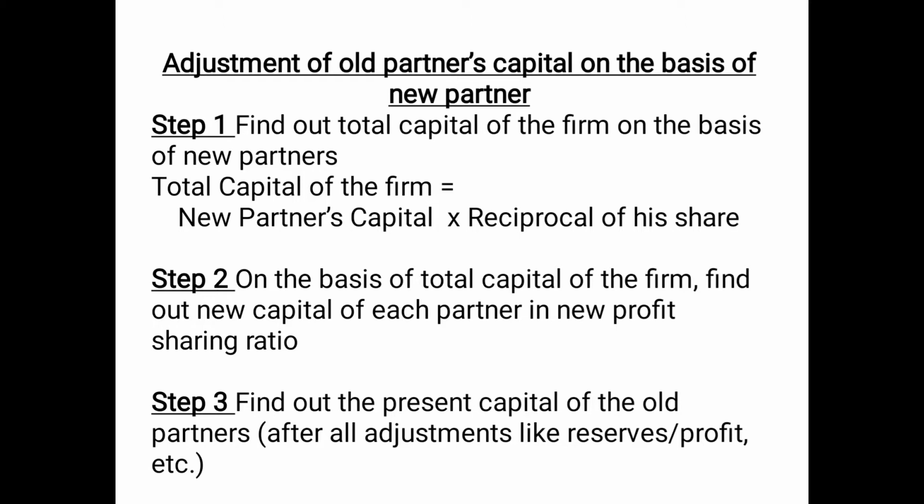Step number 2 is you will divide the total capital of the firm as calculated in step number 1 in the new profit sharing ratio. This will give you the required capital. And step number 3, you will calculate the existing or the present capital of the partners after all the adjustments, that is as per your partner's capital account.